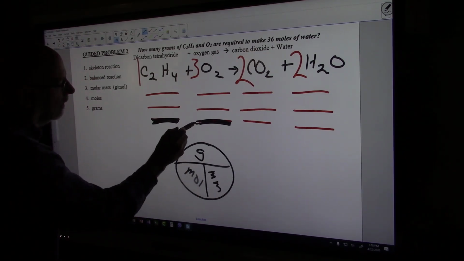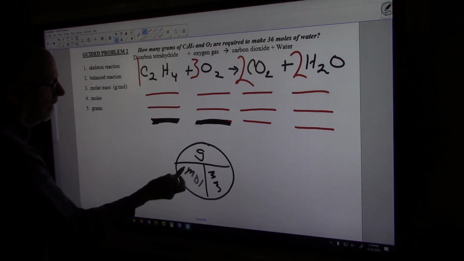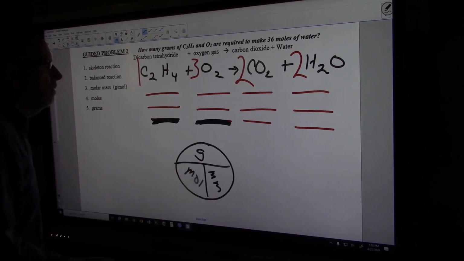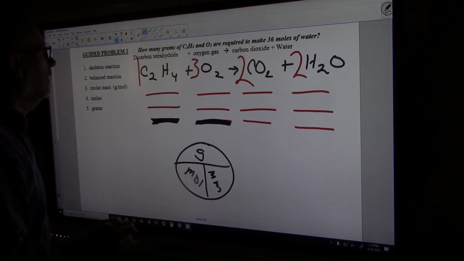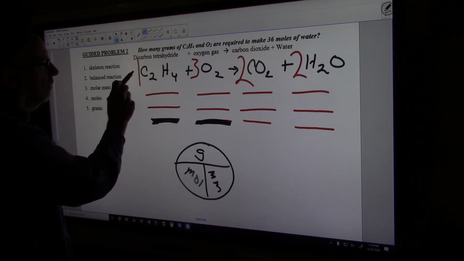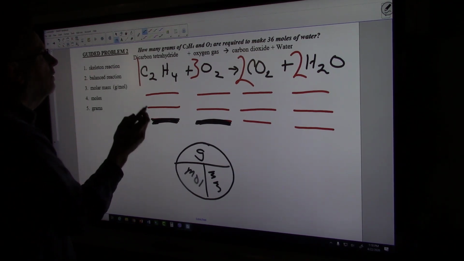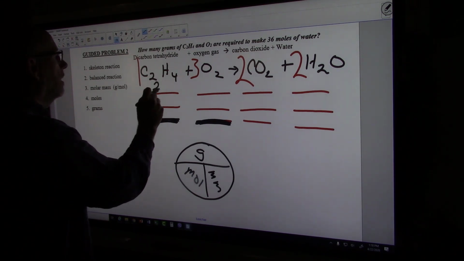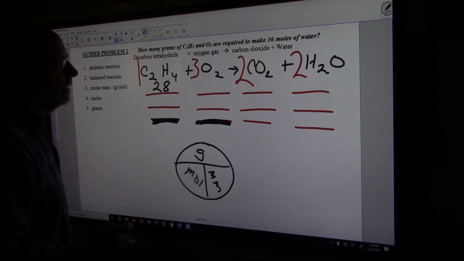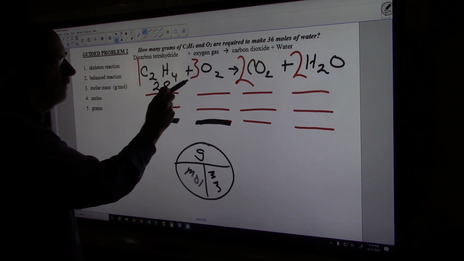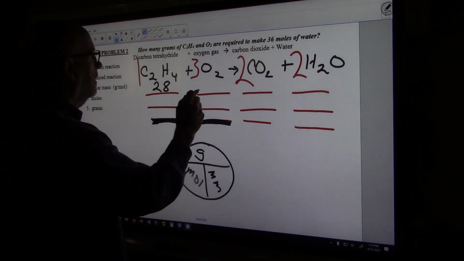If I need to get the grams of this and the grams of this, I need to know moles and molar mass. Molar mass I can do right off the bat. C2H4 is 12 plus 12 plus 1 plus 1 plus 1 plus 1, so 24 plus 4, that's 28 grams per mole is the molar mass. Oxygen, don't use the coefficient, so it's just O2. 16 plus 16 is 32.